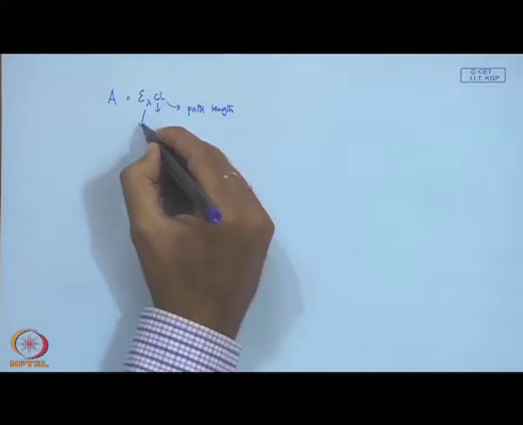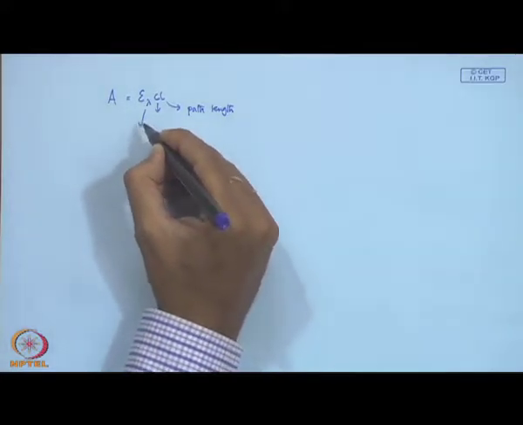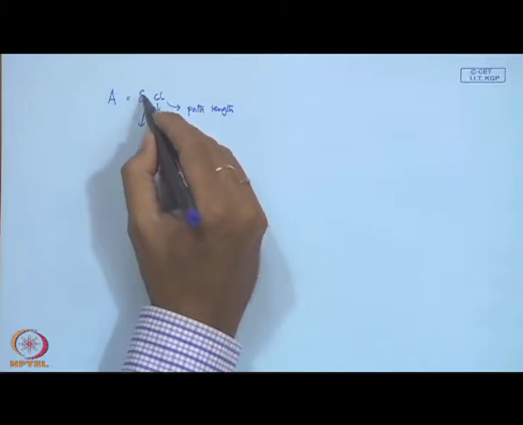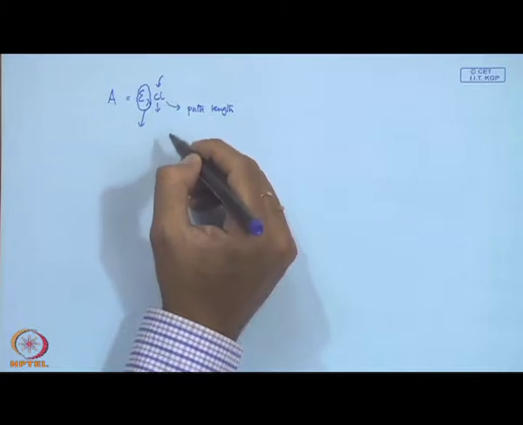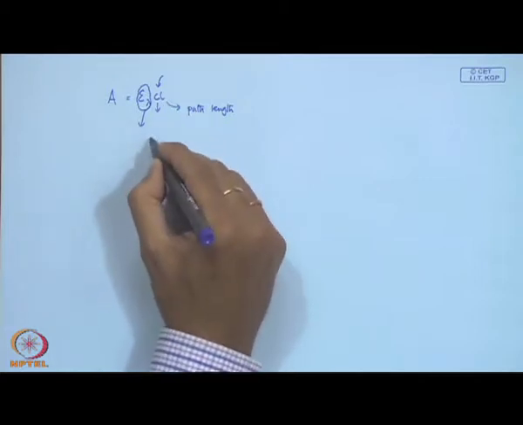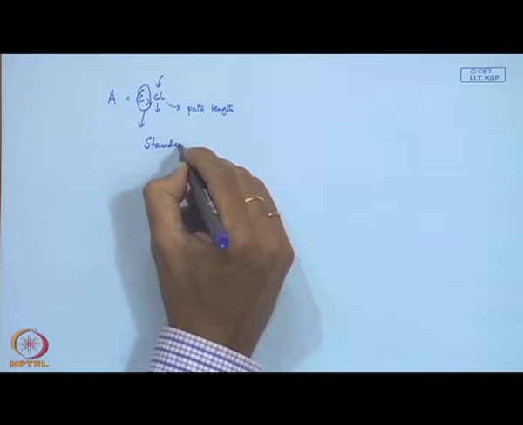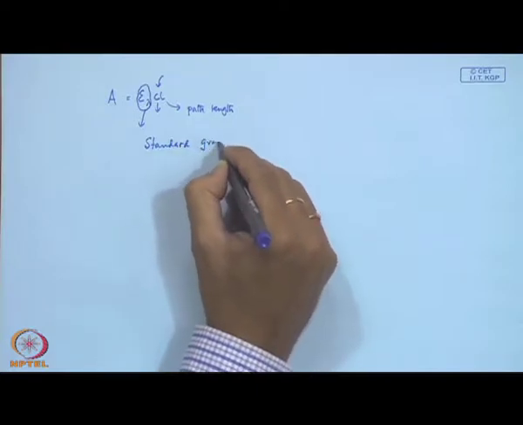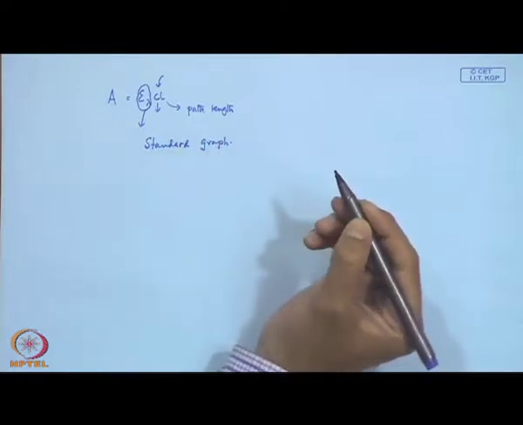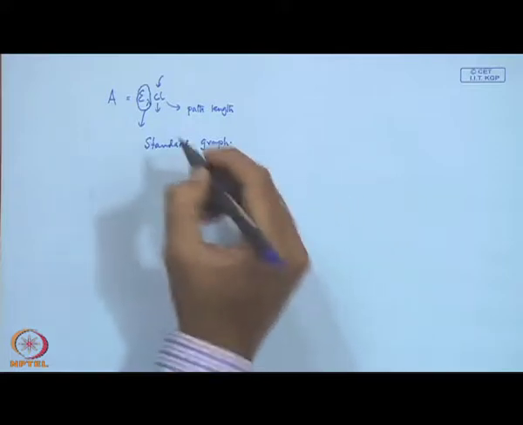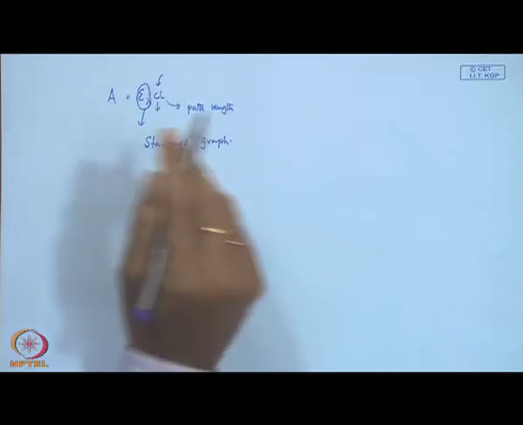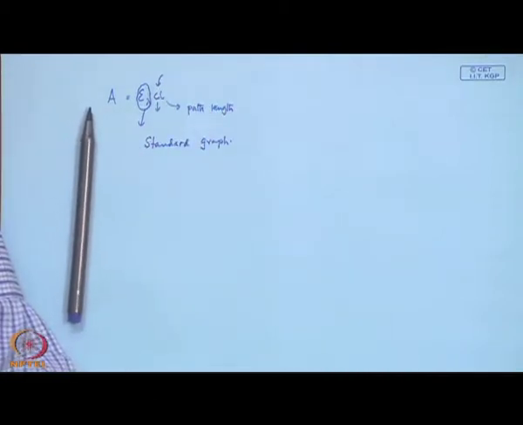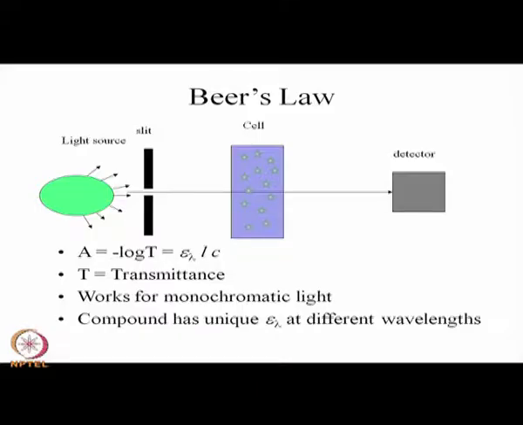As I told you in our last lecture, if we know this epsilon lambda, then we can find the unknown concentration from some standard graph, provided the length is the same. Now, what is actually happening in Beer's law?